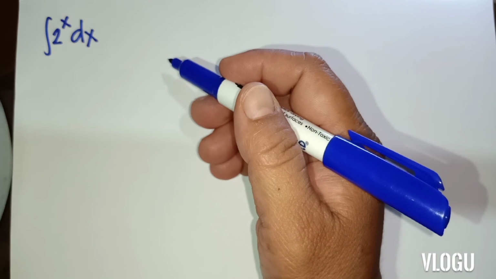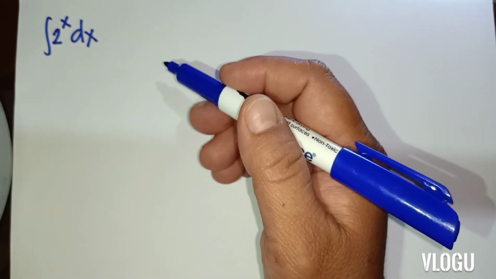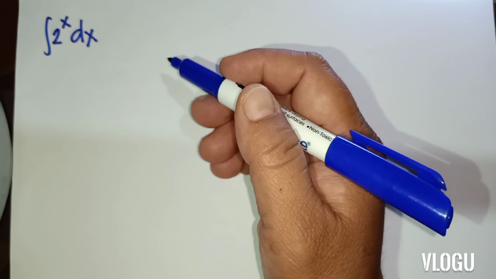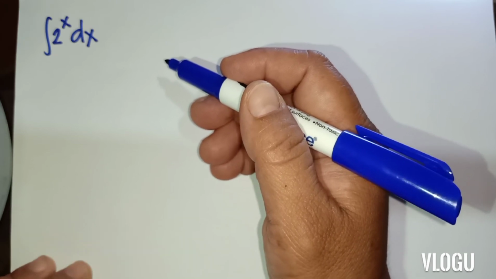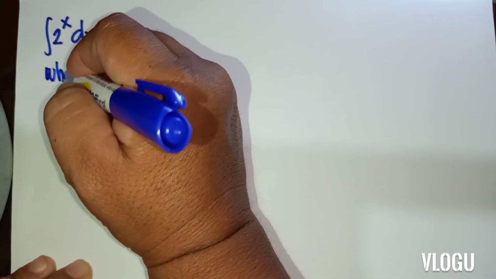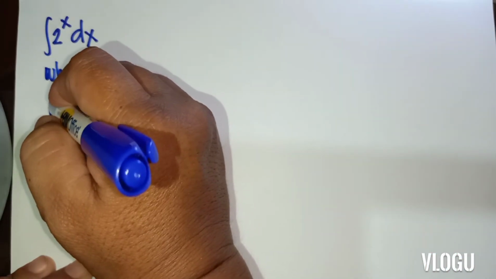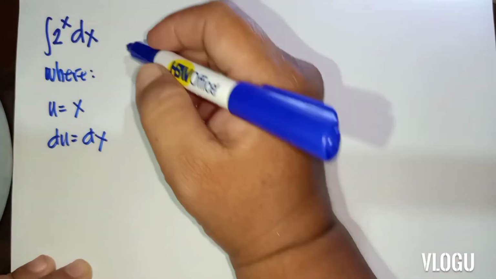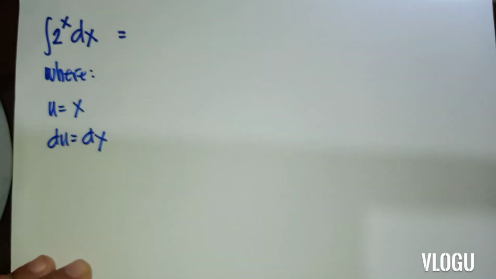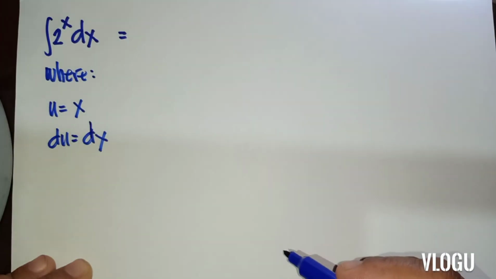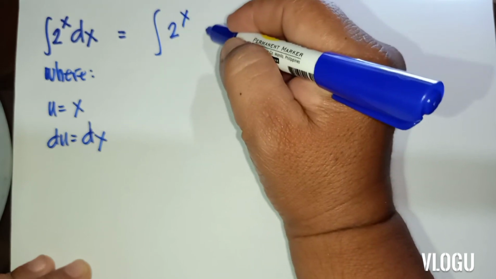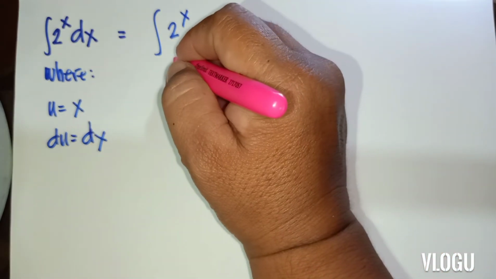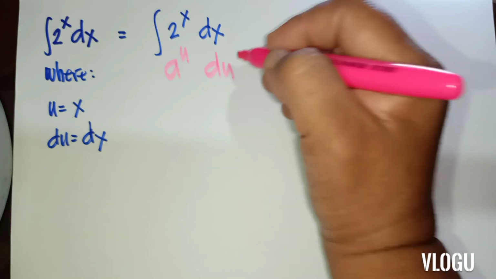So our u here is equal to x, du is dx. Therefore, this is now a complete form: the integral of 2 to the x dx, wherein this is now a form of a to the u du.